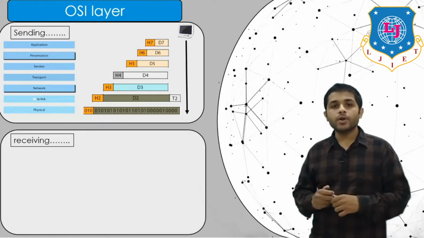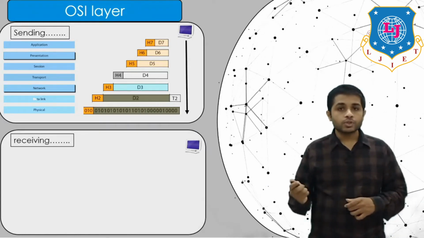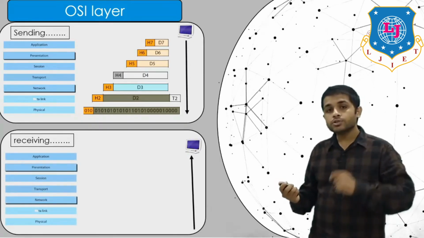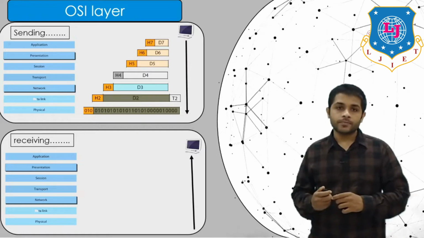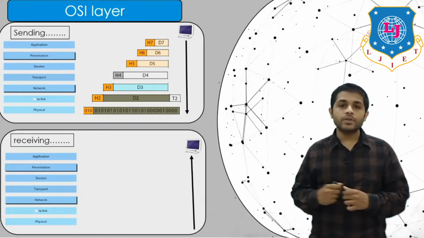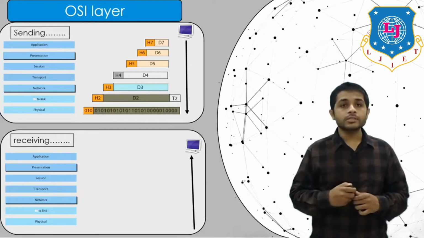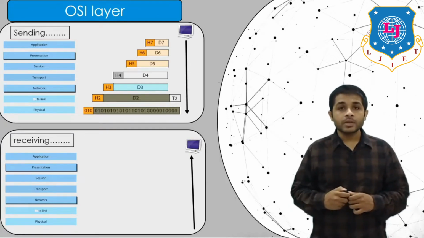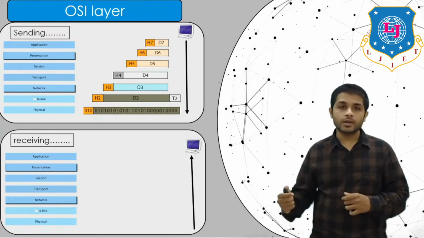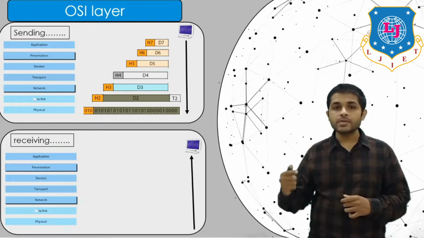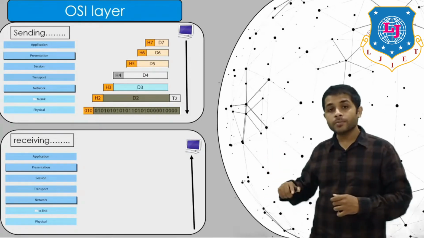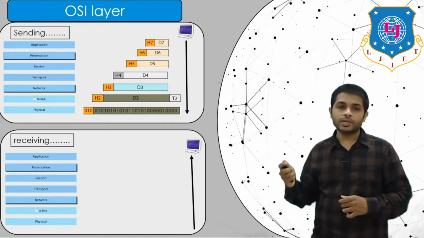The same procedure is followed at the receiver side too. When the receiver is receiving data, the data also passes through all the layers, but the direction is changed. Notice that when the sender is sending data, the data flows from the application layer to the physical layer. But when the receiver is receiving data, the data is passed from the physical layer to the application layer.